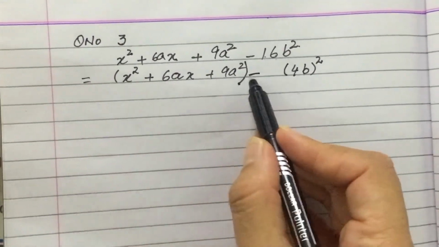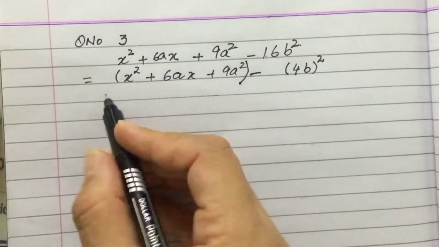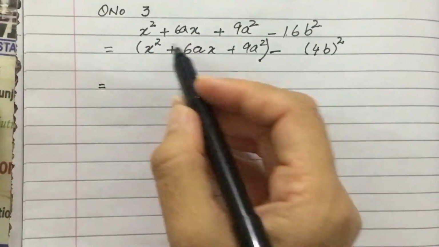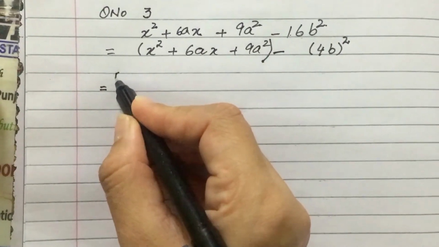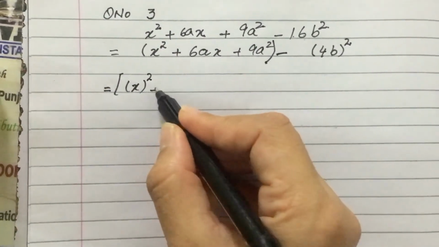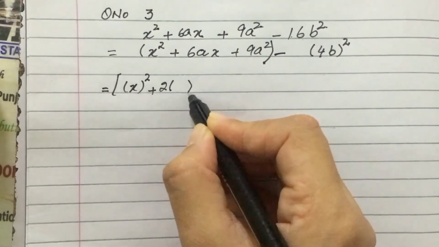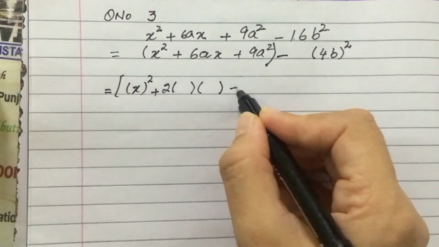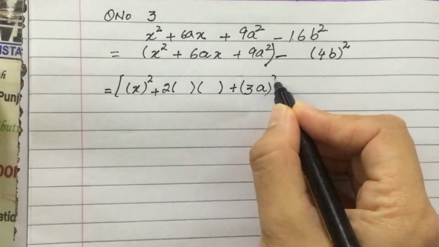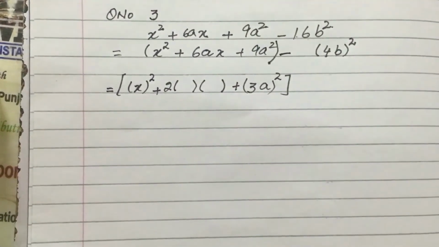Now I will try to form the completing square formula for these 3 terms. For that purpose I have to write x square, then 2 into a and b, then 9 is a complete square, right, 3a whole square.